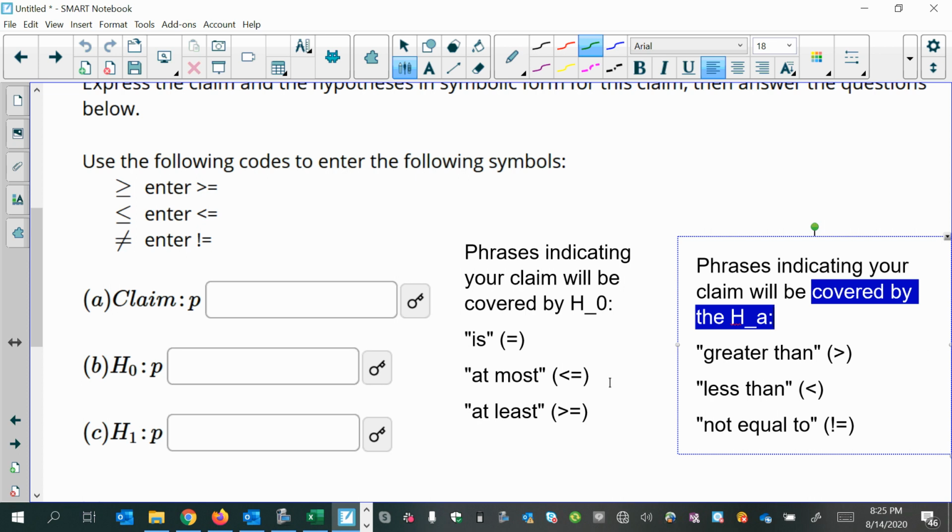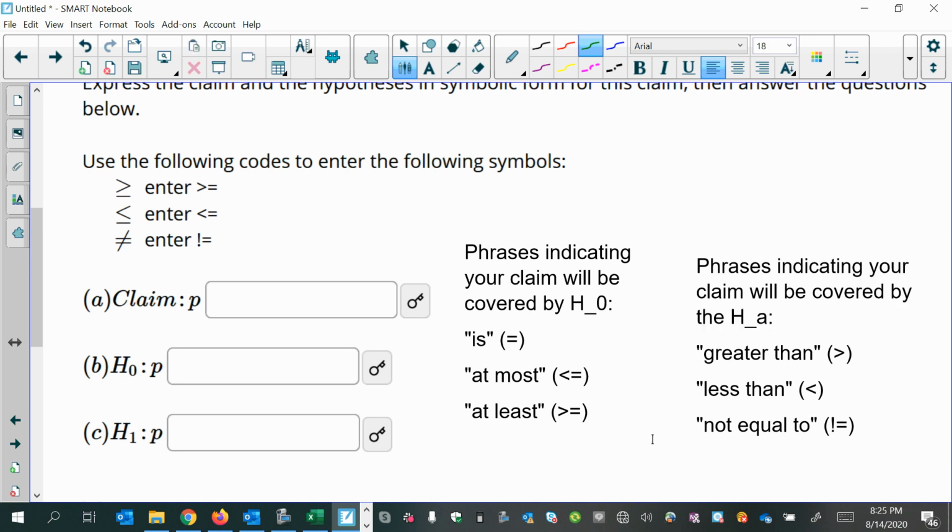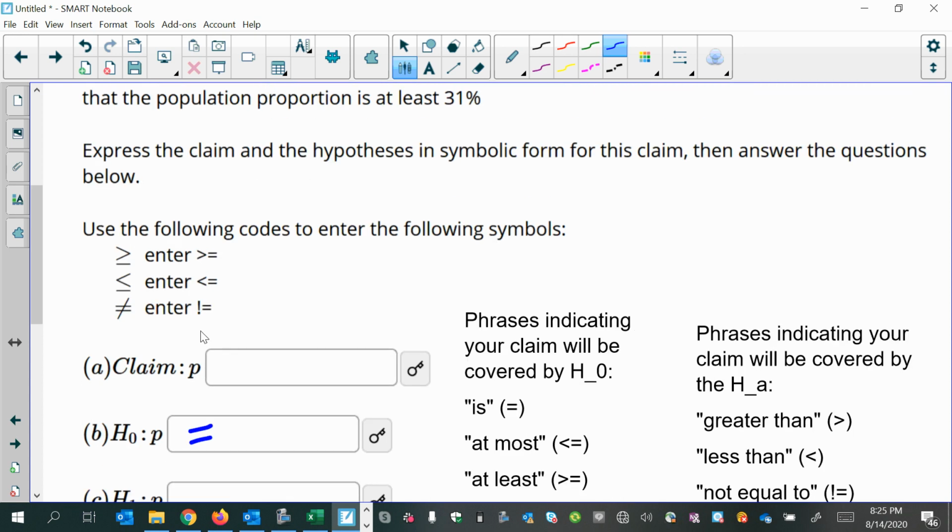So it's really about determining whether your claim is going to fall into the null or into the alternative. Your null hypothesis always uses the equal sign. So if your claim has any equality in it, then it's going to be covered by the null hypothesis. And your alternative hypothesis will have to be the complement of the original claim. However, if there is no equivalence in your claim, it'll become your alternative hypothesis and it'll be safe from getting rejected.